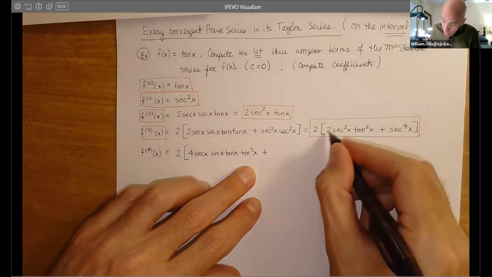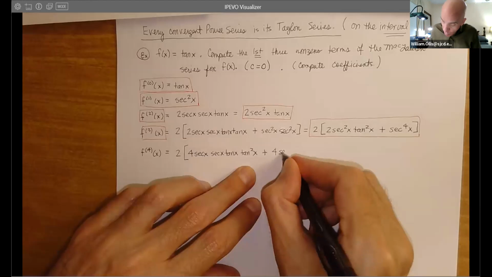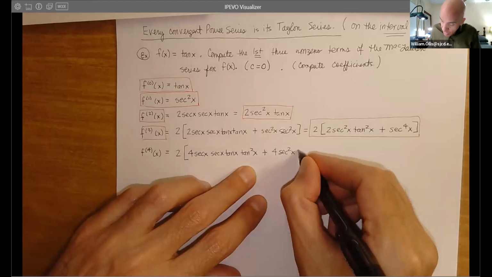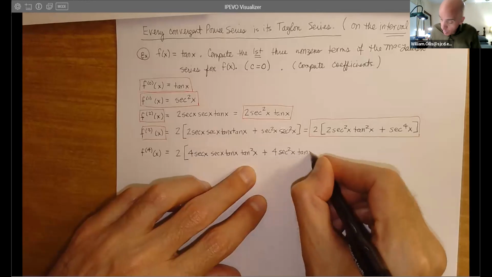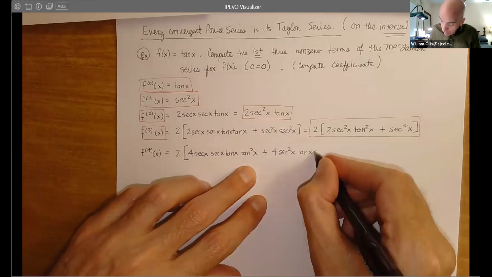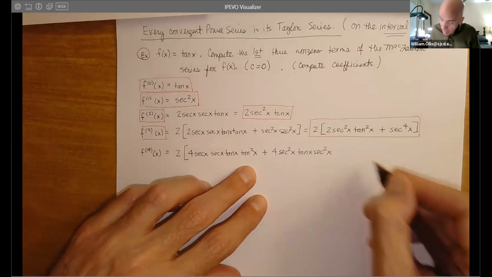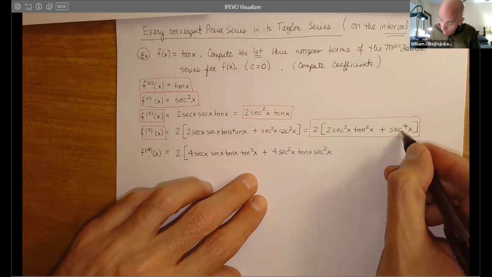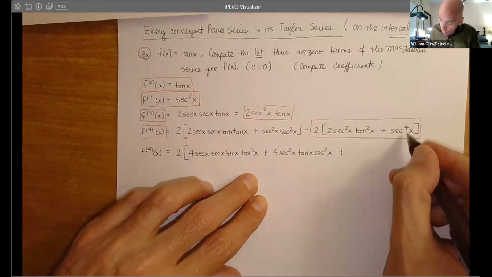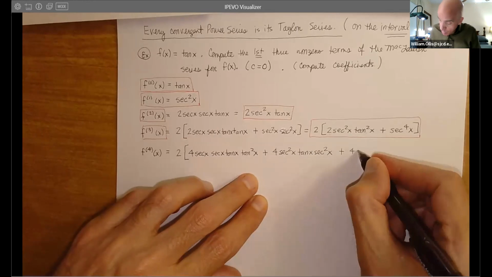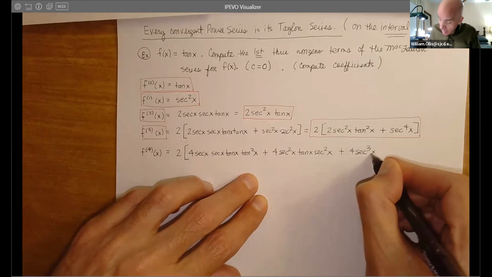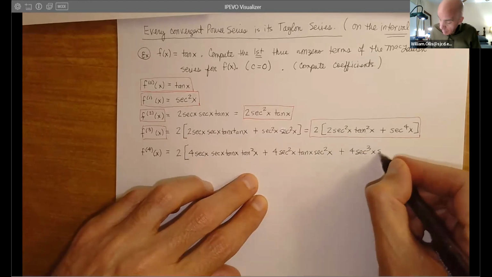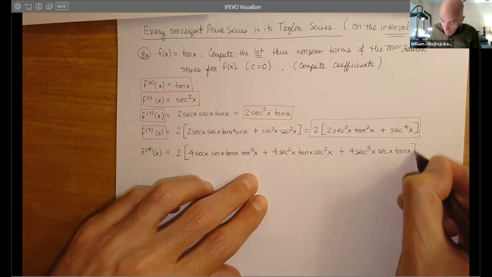Bring the 2 down, so that's a 4 secant squared, then tangent to the first power, times the derivative of tangent, which is secant squared. So that takes care of that. And then this one will be what? Chain rule, 4 secant to the third power times secant tangent, the inner function.